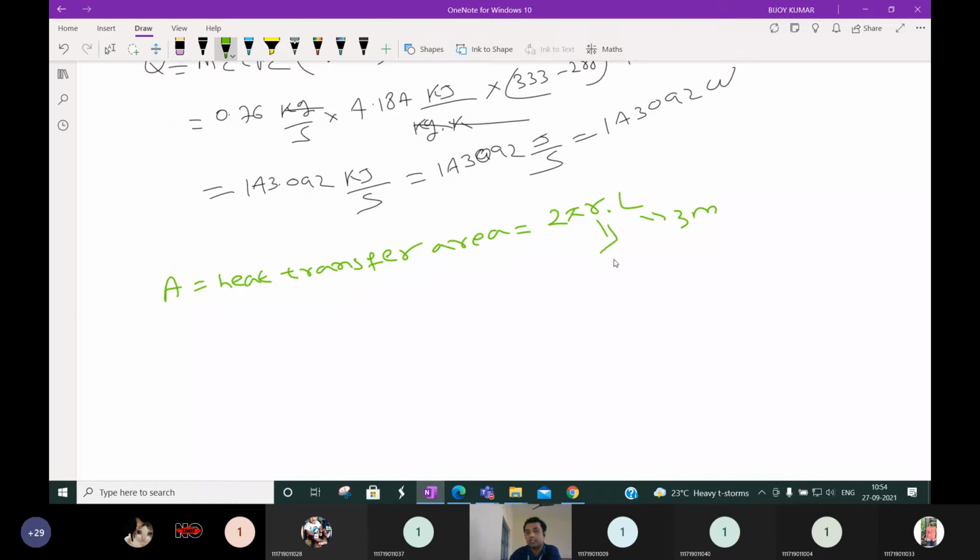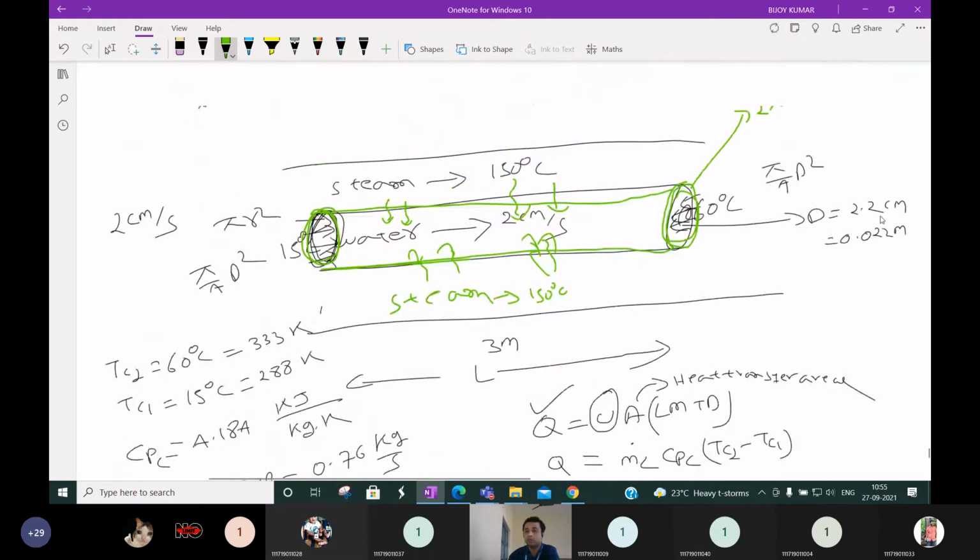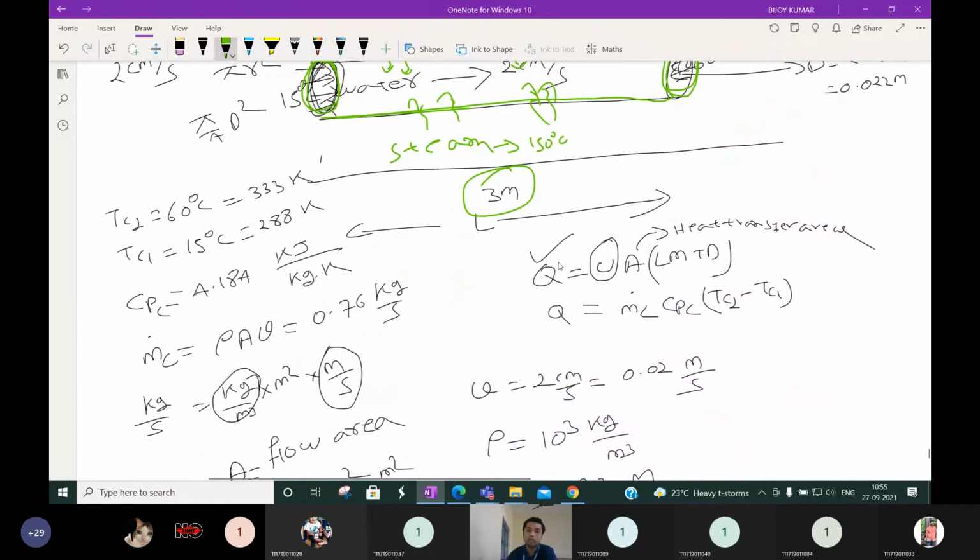R is nothing but D by 2, and D is given as 0.022 meter. The diameter of the tube is 0.022 meter, and length is 3 meter. So this Q we calculate from m dot CP delta T.